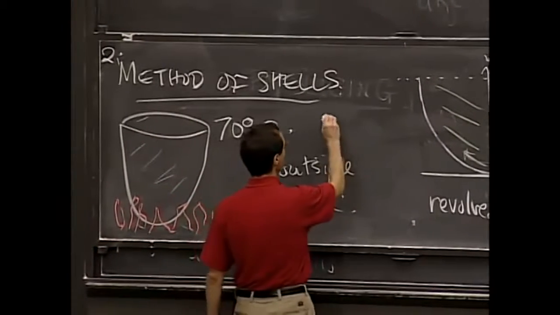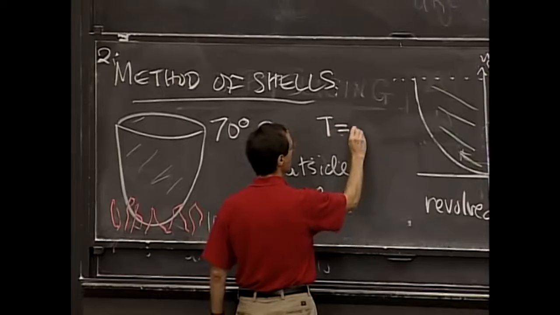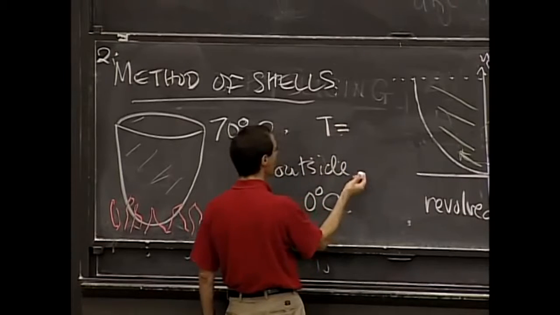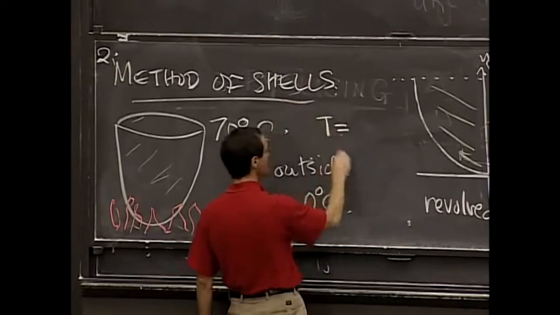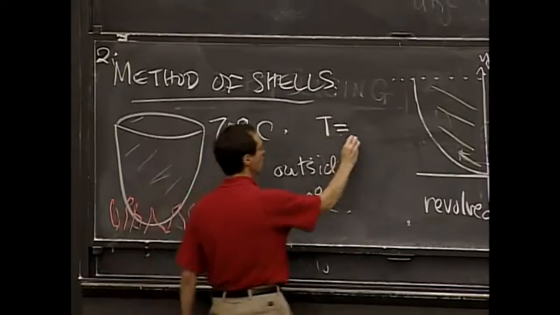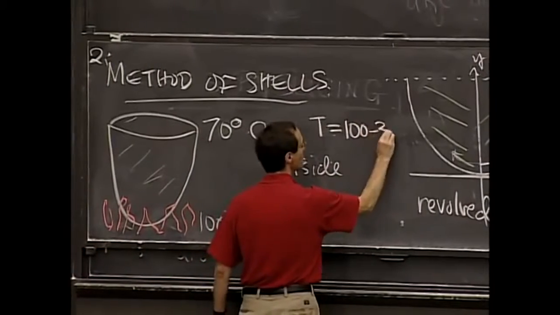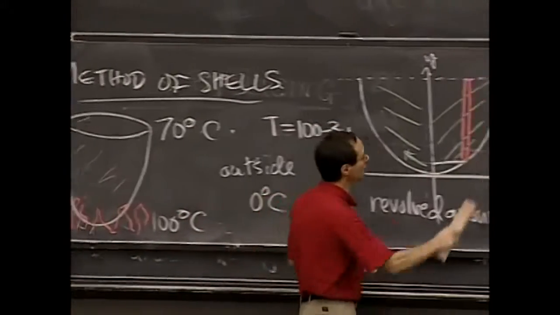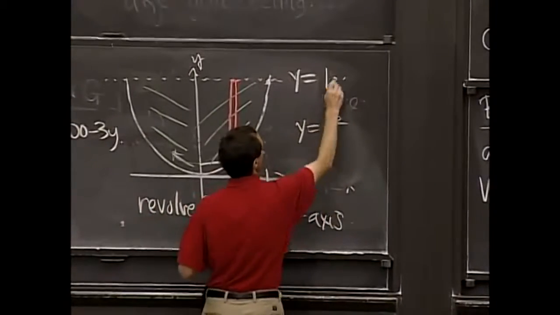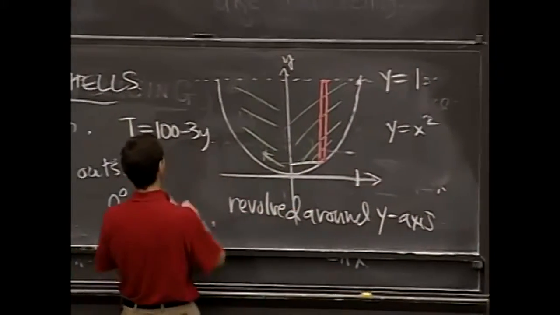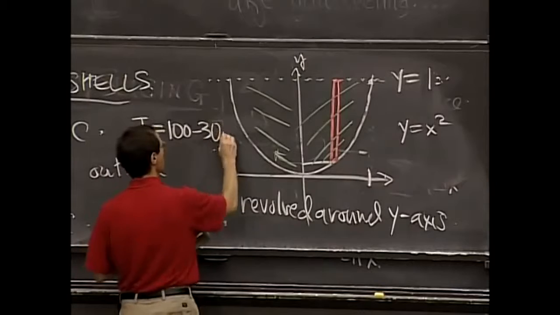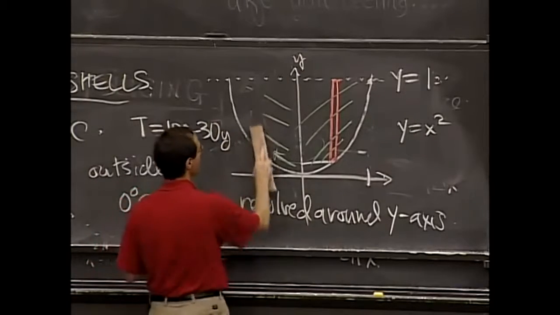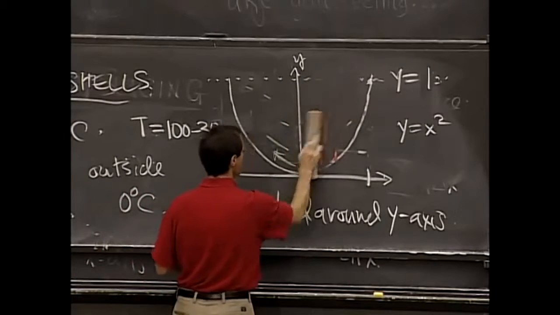And for simplicity, I'm going to make the formula for the temperature be 100 at the bottom and 70 at the top. So it's going to be 100 minus 30y. We'll let the level be 1 here. 30. I said 3. I wrote 3, but I meant 30. All right? So this is the situation that we have.